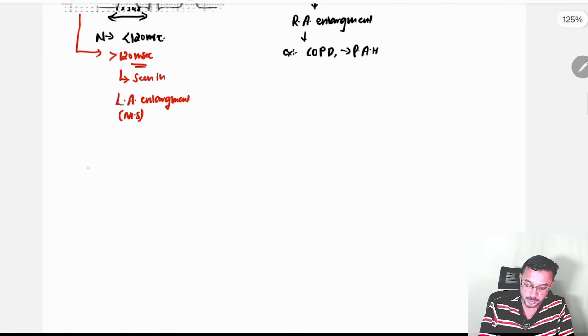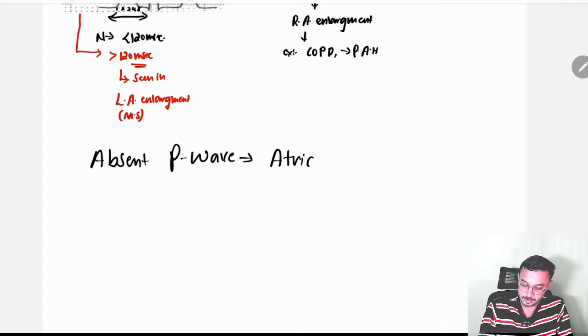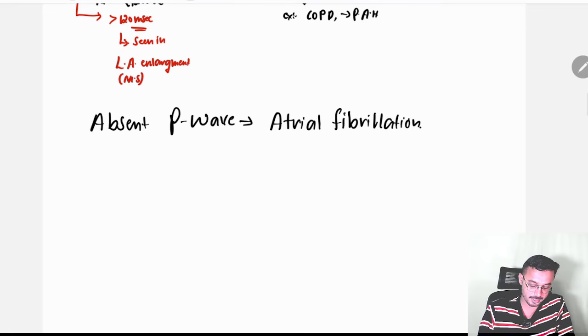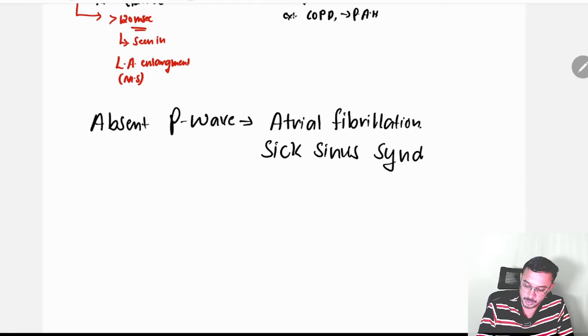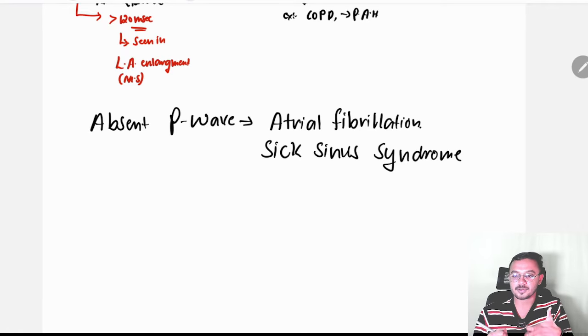And I will teach you one more important line. This is very important. Absent P wave is seen in atrial fibrillation, and one more condition, sick sinus syndrome. In electrolyte imbalance also we will find it, in hyperkalemia.